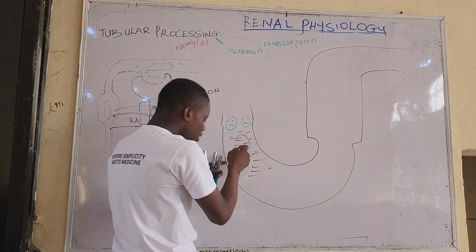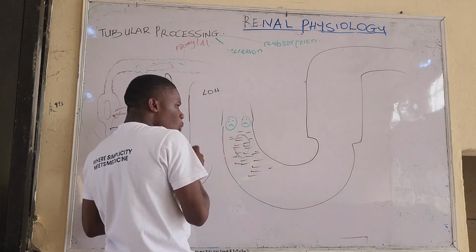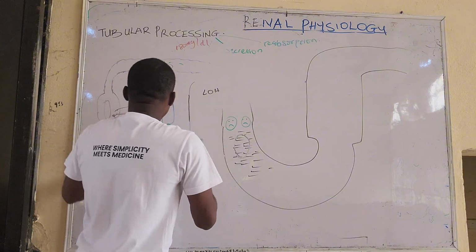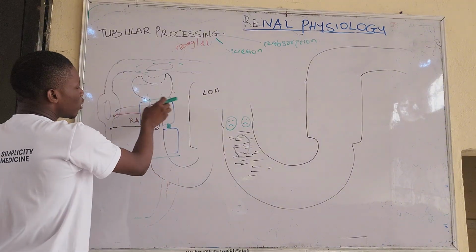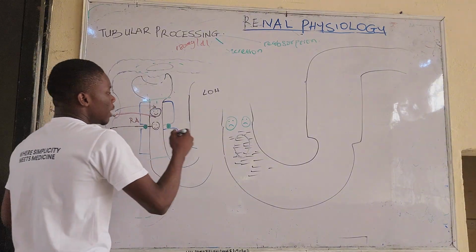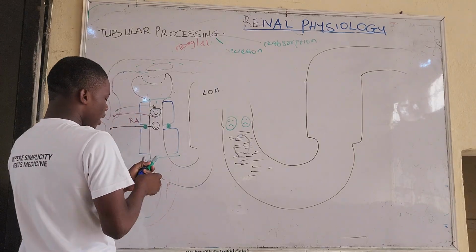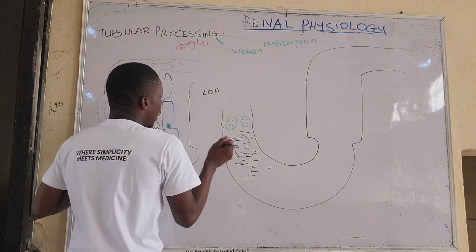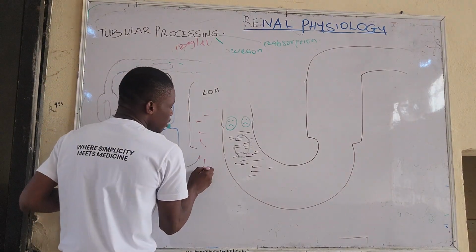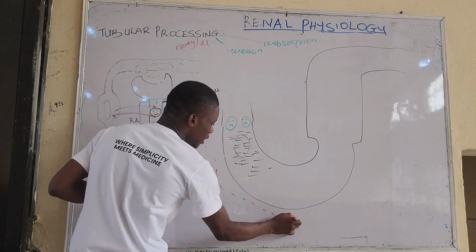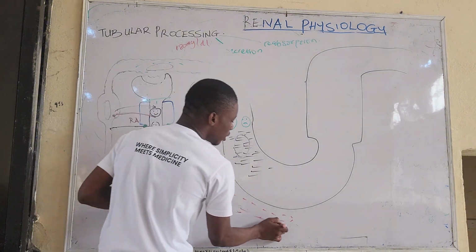At this thin descending loop of Henle, what is reabsorbed here? You know that at this PCT, we have thrown a lot of solute outside. There is plenty of solute outside. If you remember, sodium, potassium, bicarb, all of them have been thrown out. They are here like this. This is the blood region.